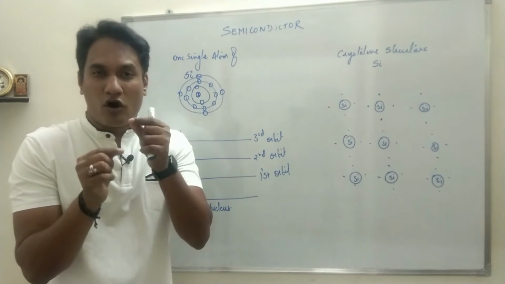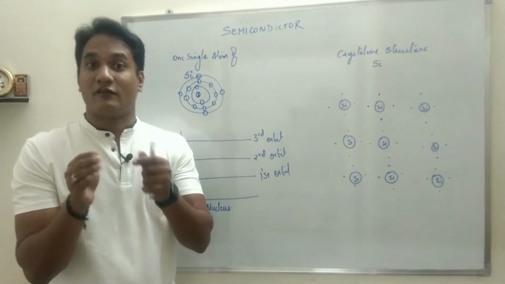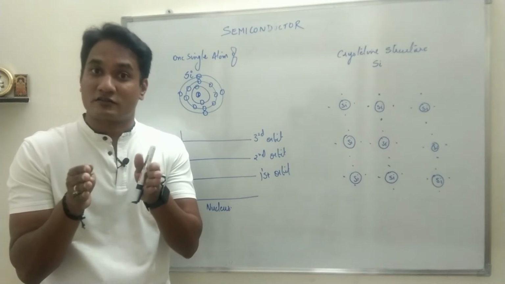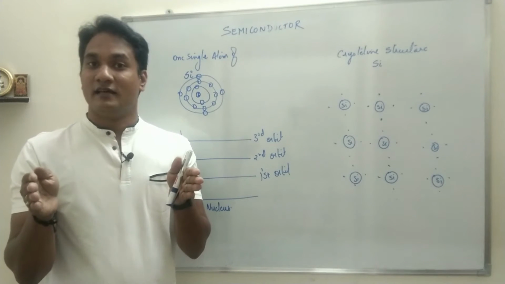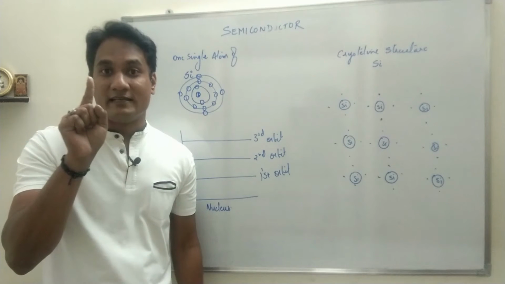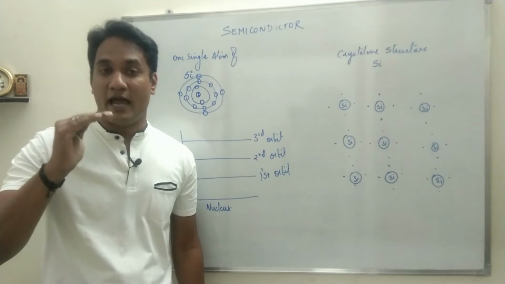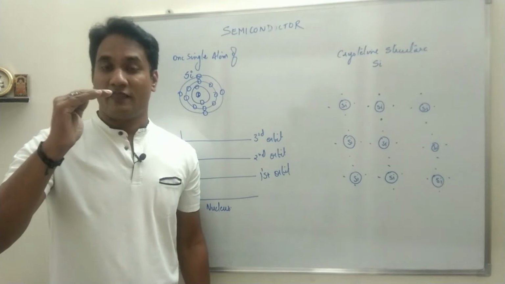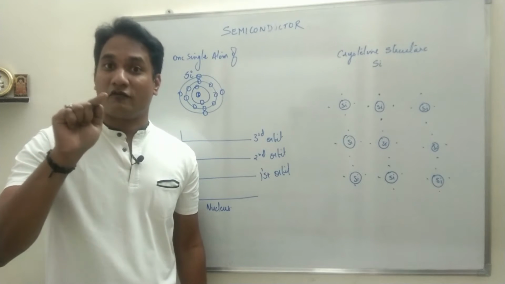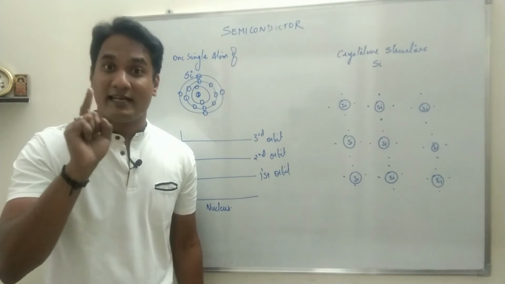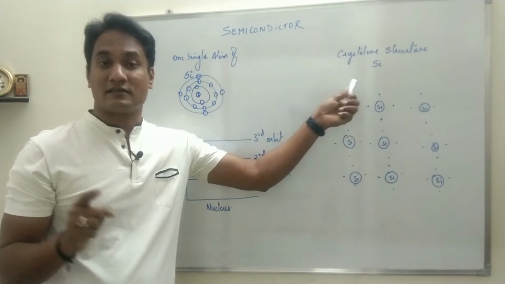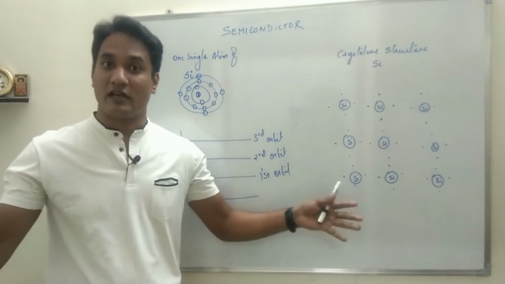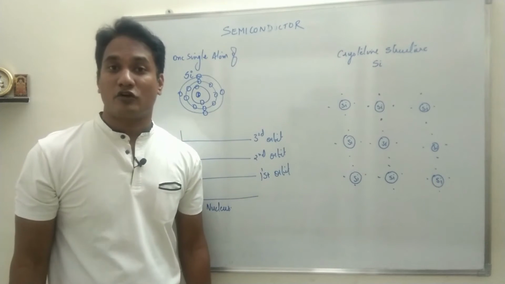If there is a small change in the energy level of the electrons present in the first orbit of different silicon atoms, then they will not have one single energy level. Instead, they have a band of energy levels. That means electrons in the first orbit will not have a single energy level when silicon forms a crystalline structure, and it forms a crystalline structure when a large amount of atoms are brought together.